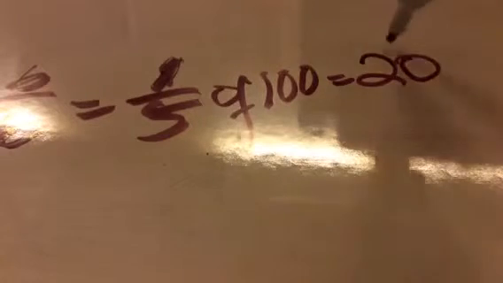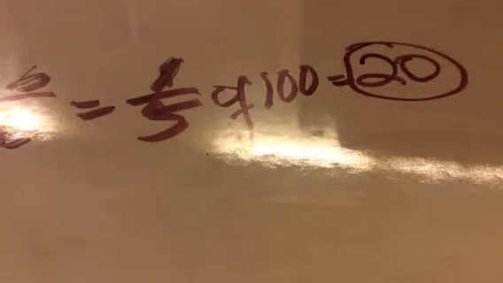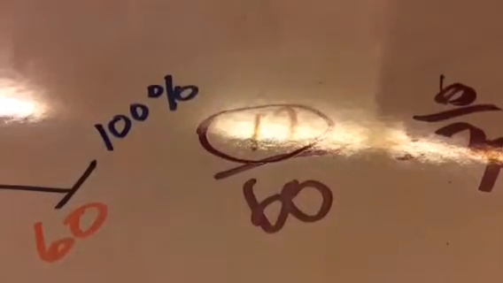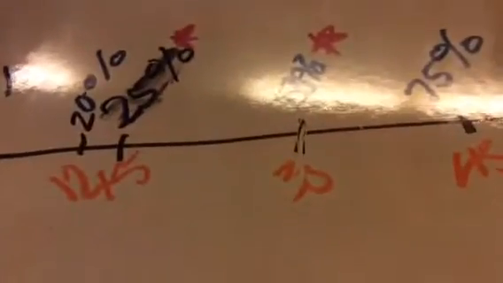And that was of 100, which equals 20. And this is the percentage, and this was the regular number. I kind of mixed that in because, like I said before, fractions are kind of the same thing as division in a way.